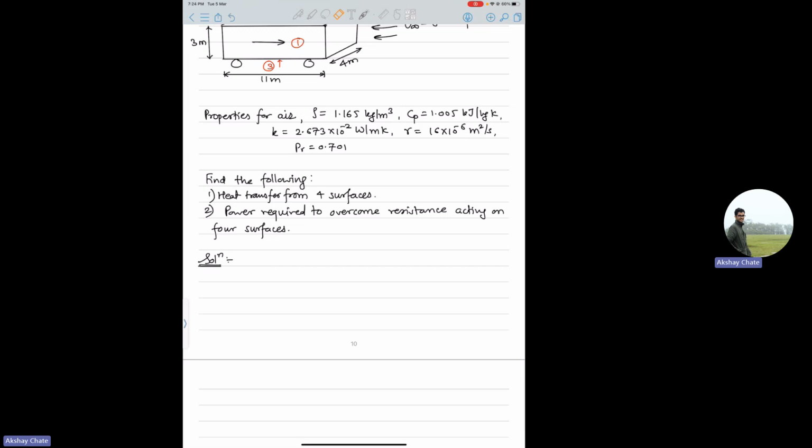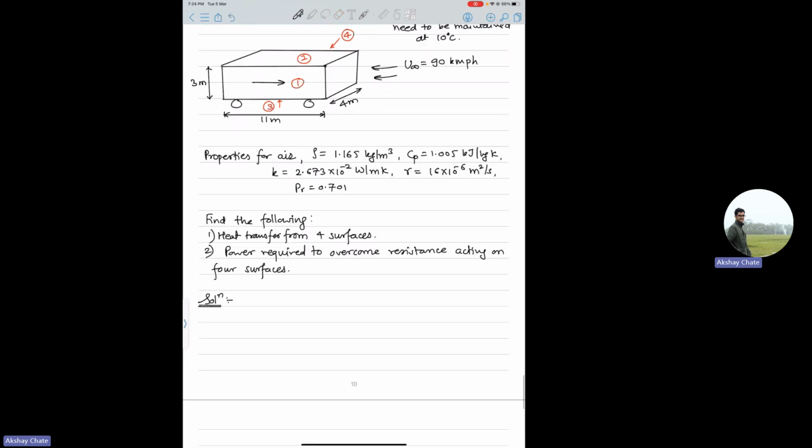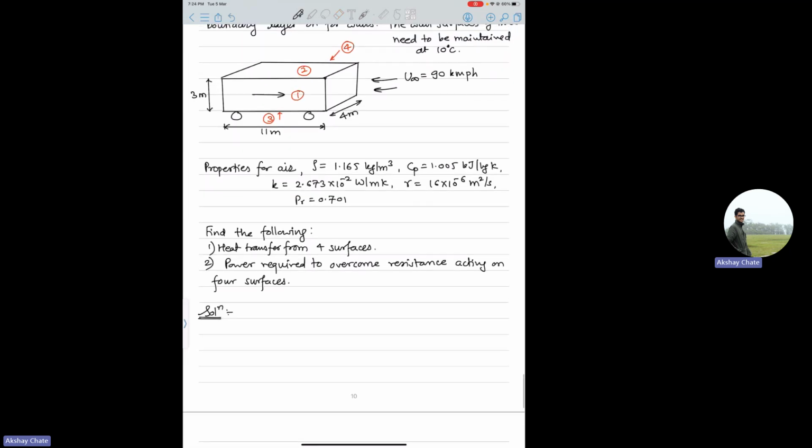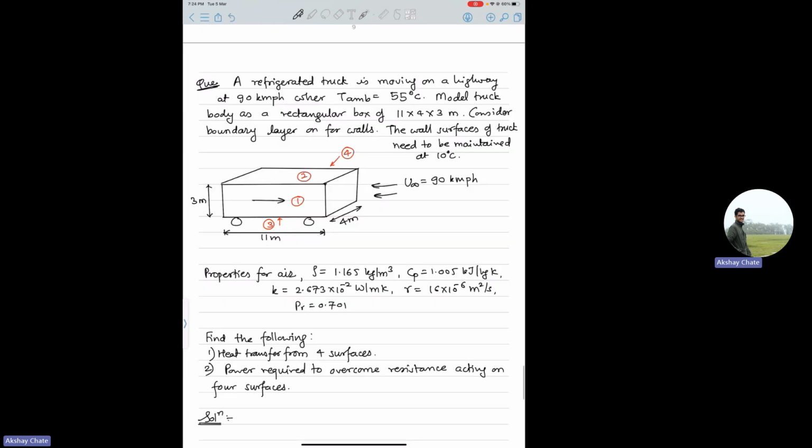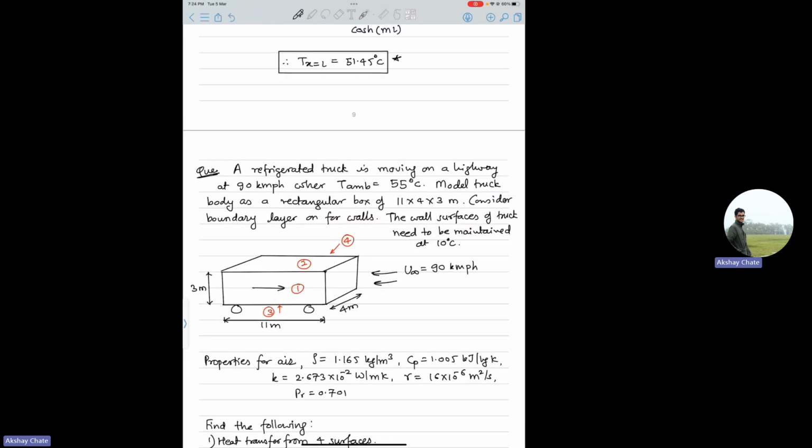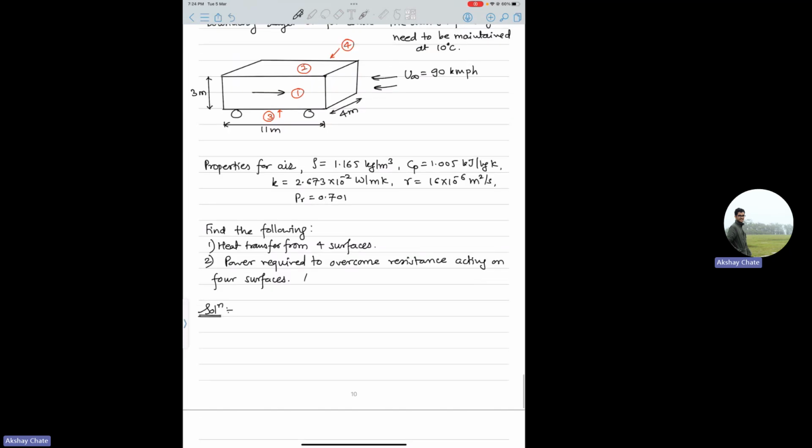Yeah, there is one important detail: assume turbulent flow. They have mentioned turbulent flow on the surfaces. You can calculate the Reynolds number also, and if you do that, you'll get something of the order of 10 to the power 7. So that itself is turbulent flow.